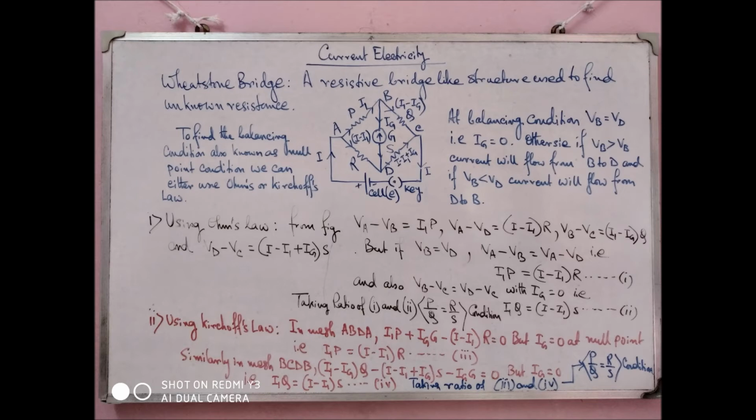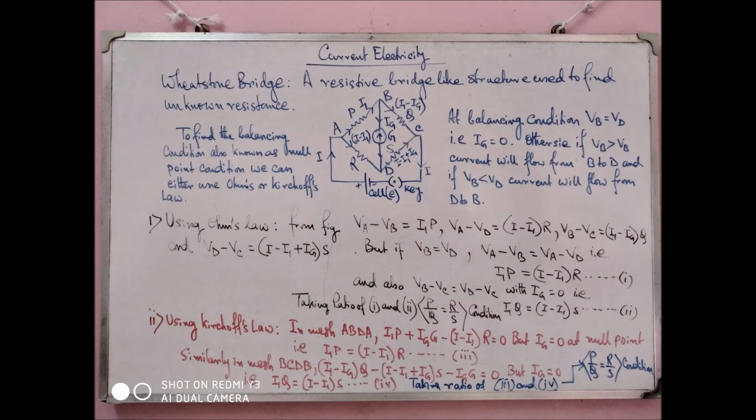But at a particular condition, if the potentials of these 2 points B and D are the same, then there is no current through the galvanometer, because we know if two terminals have the same potential, no current flows between those two terminals.